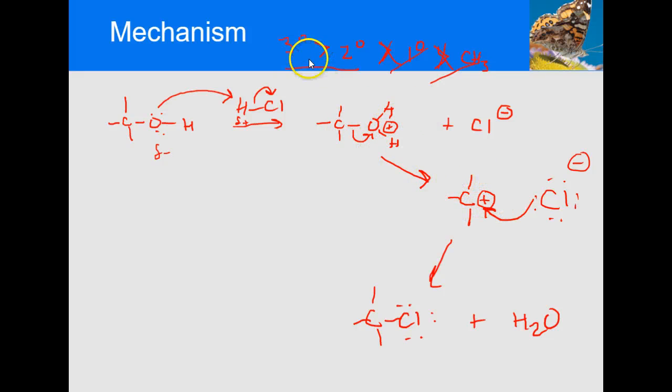That's why tertiaries and secondaries work really well. Also, allylics and benzylics. Remember, allylics and benzylics were even more stable than tertiary. So all these work really well with this reaction. It's just the primary and the methyl that will be the reaction that we see on the next page. And then the chlorine comes in, and you just turn your alcohol into an alkyl halide.